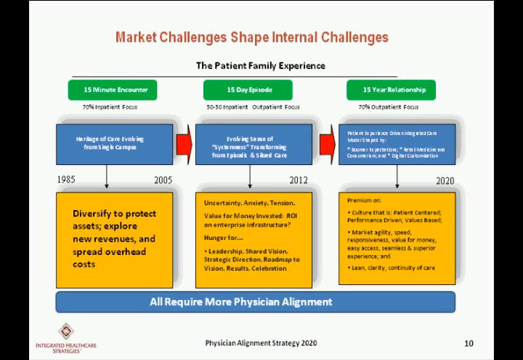There's another fundamental shift going on in our industry as shown on slide 10, and this is the migration over the last several years from the 15-minute encounter that you see on the top line of 3 green boxes to the current stage where we're trying to better manage 15-day episodes of care and getting coordination from the many clinicians involved in that care delivery activity.